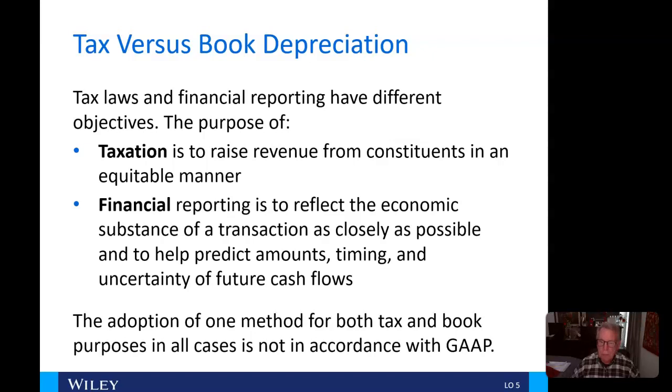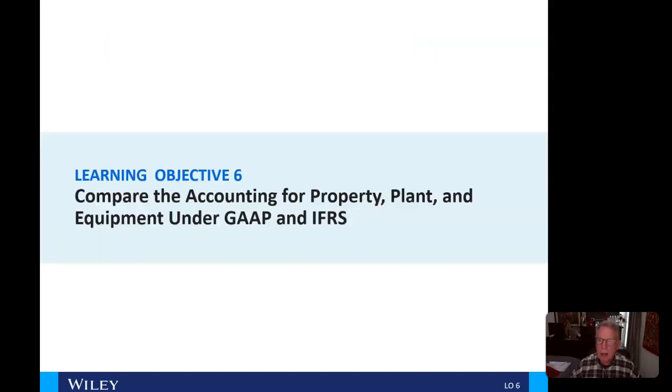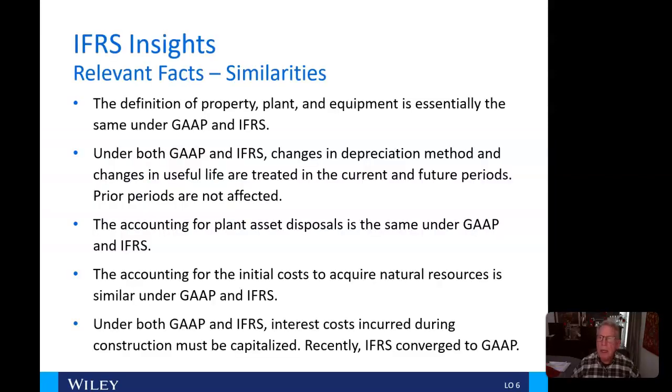Okay? Not. All right, now let's compare accounting for property, plant, and equipment under GAAP and IFRS. Here, under IFRS, the definition of property, plant, and equipment is basically the same, similar. Another similarity under both GAAP and IFRS, changes in depreciation method and changes in useful life are treated in the current and future periods, and prior periods are not affected. 3, the accounting for plant asset disposals is the same under GAAP and IFRS.